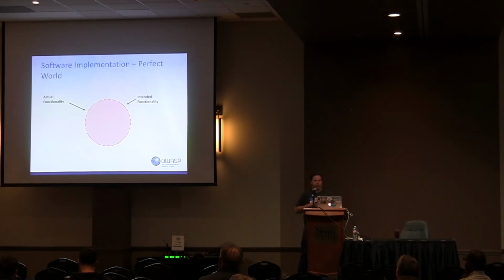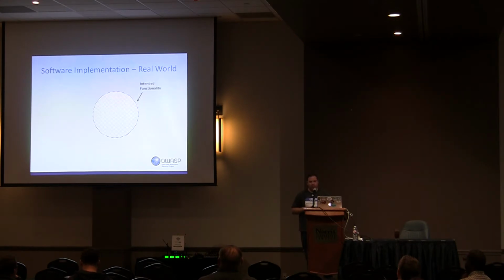Right? It's perfect. How many of you guys write perfect software? We got one. Awesome. So the reality is that 99% of us aren't perfect. We have some flaws. And so in the real world, it looks something like this. You've got the intended functionality, you've got the actual functionality, and they don't quite overlap, right? Not perfectly.